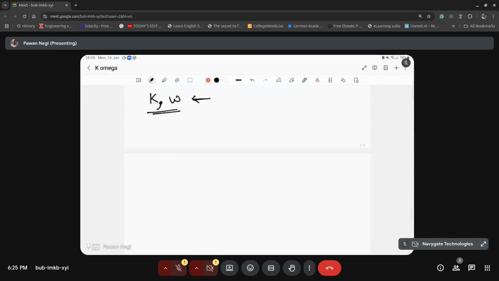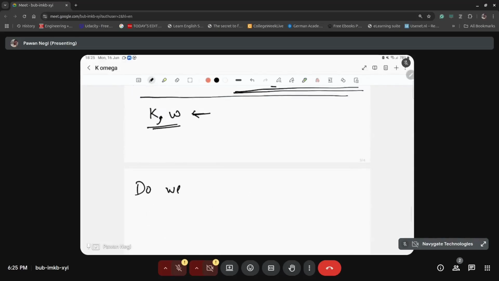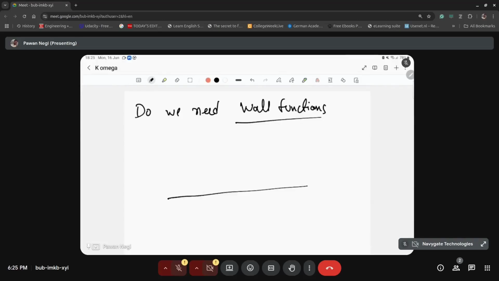One of the questions is, do we need wall functions? So remember, in K-Epsilon model, we were not able to resolve the viscous sublayer and up to this, which is the log layer. Since we were not able to resolve the flow up to these layers, we used wall functions.